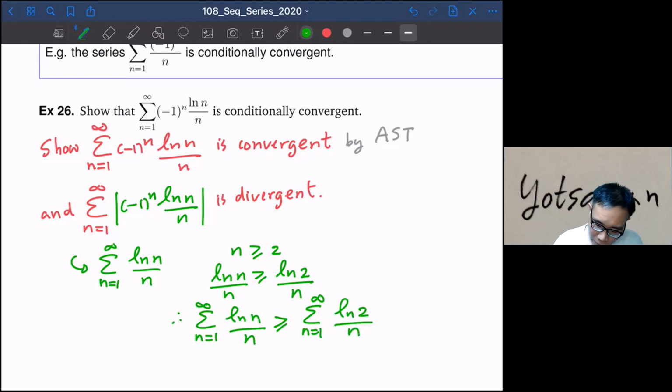And for this one, it's log 2 times the series sum of 1 over n, and this turns out to be divergent.